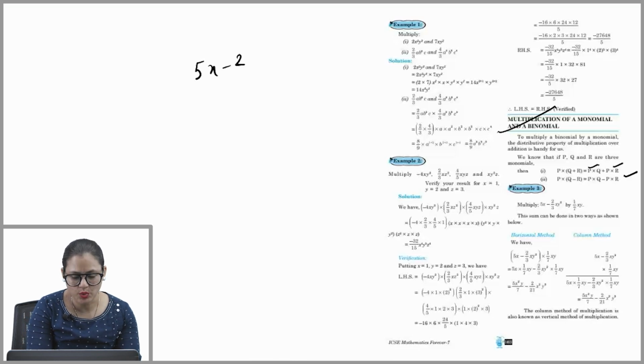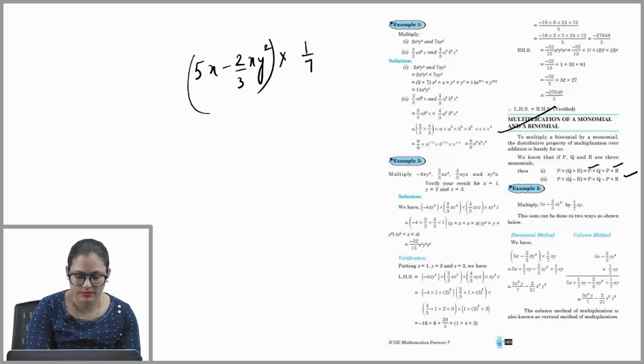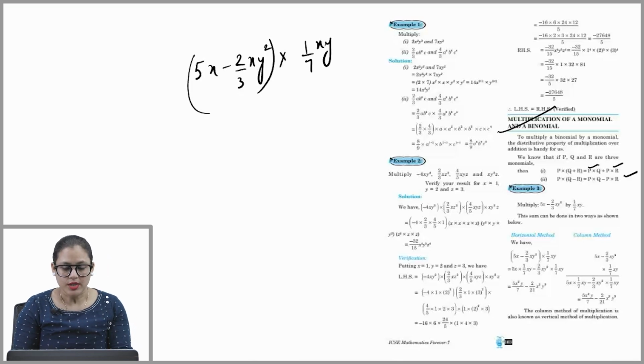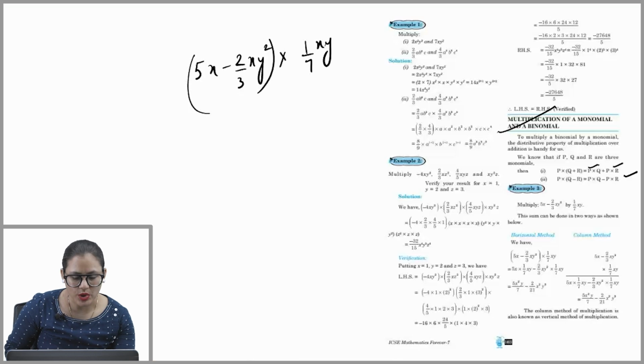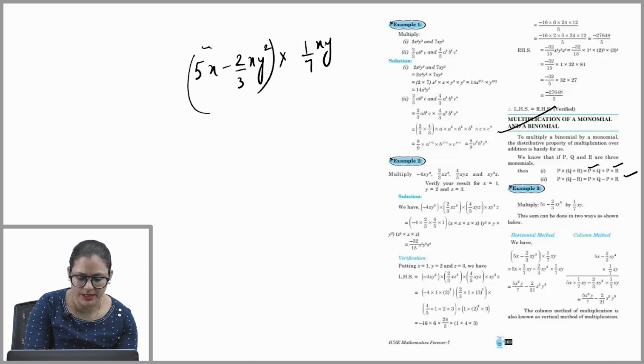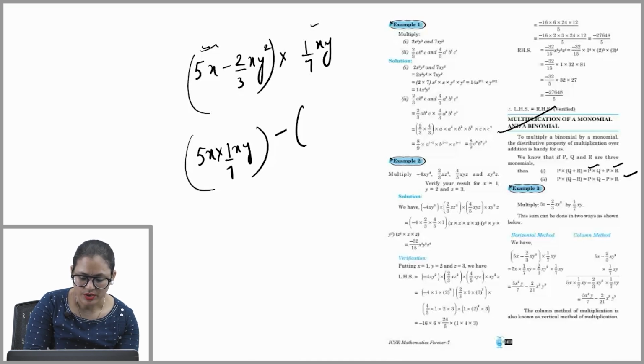Okay. Example: 5x minus 2 by 3 xy square, multiplied by 1 by 7 xy. So what will we do? First you will multiply this by this. 5x into 1 by 7 xy, then minus 2 by 3 xy square into 1 by 7 xy.